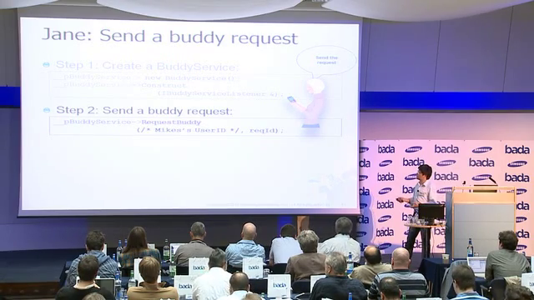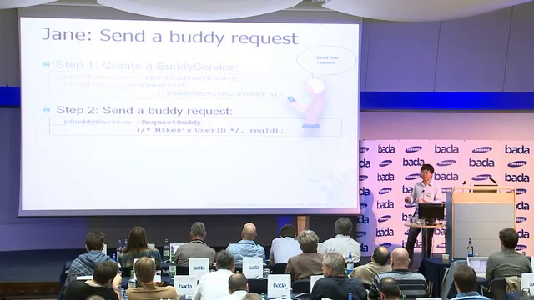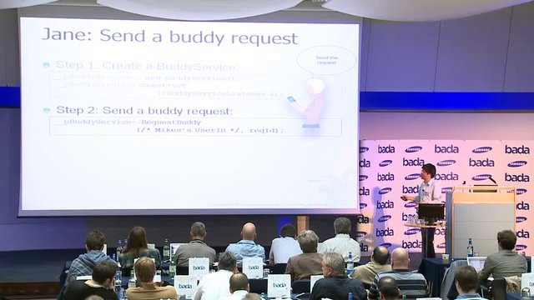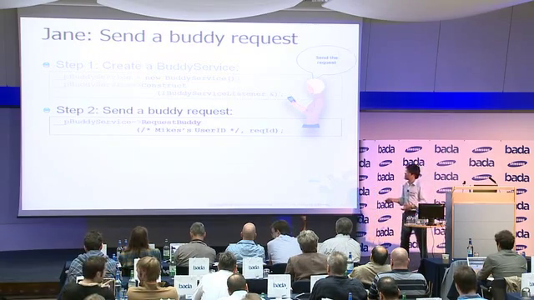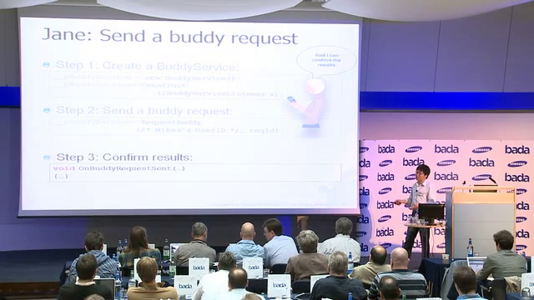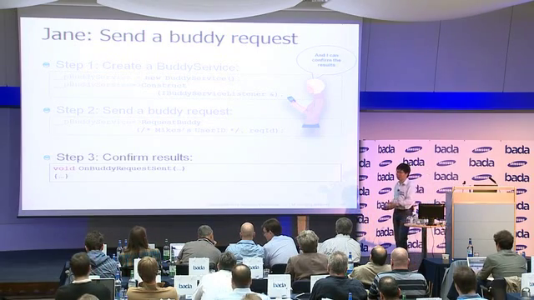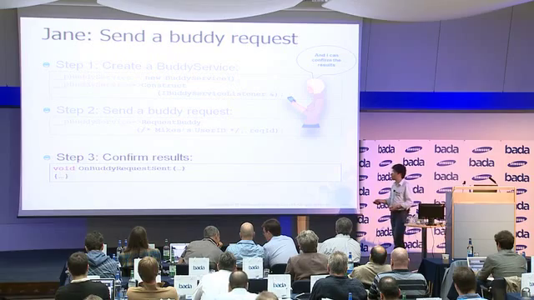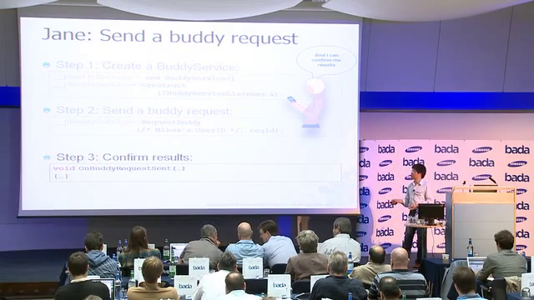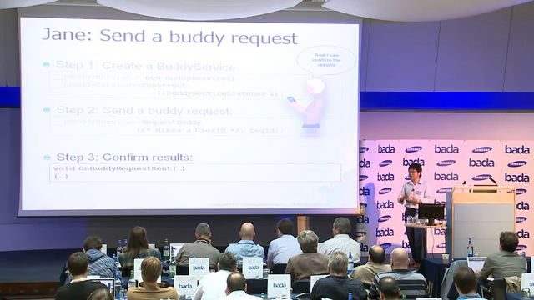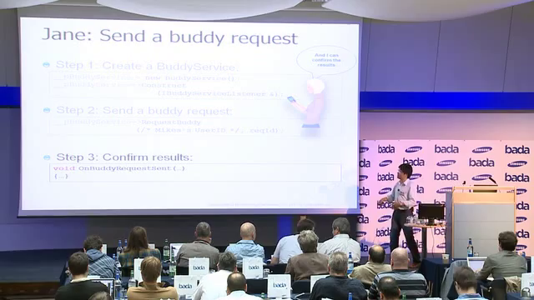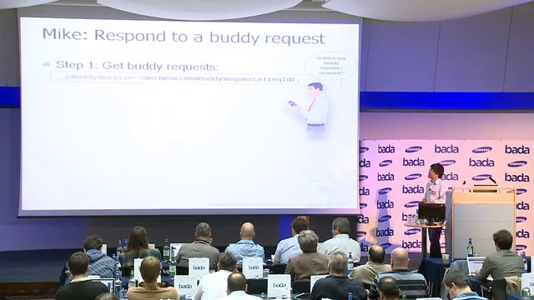You pass in the request ID, which you get from the listener method's result, so from the profile list you choose which Mark you want to add, and you pass the user ID. Then you send the request. Of course, once the request is received by the server, the server will send you a result, and you can confirm the result by implementing the OnBuddyRequestSent method. So this is the simple scenario: send the request to the server, implement the listener class, and check the result. Always very simple, three steps.